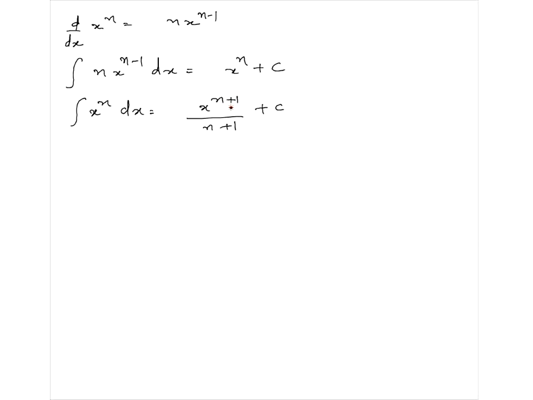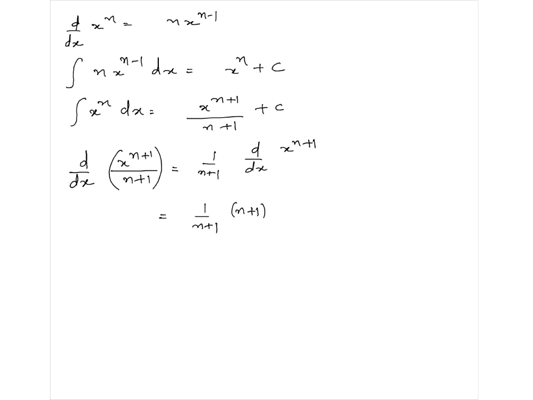Just differentiate this side and see if you are getting this or not. Constant comes out of the differentiation symbol. And then d dx of x to the power constant is that constant times x to the power that constant minus 1.